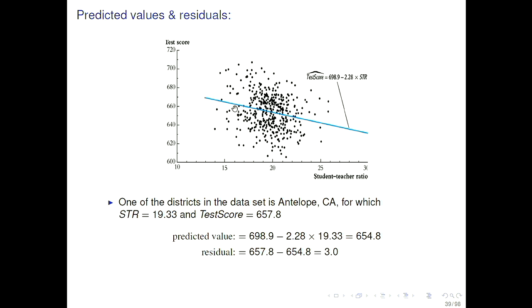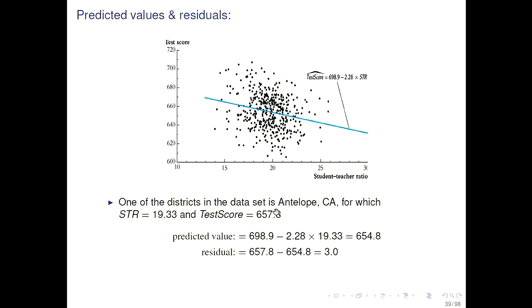The slope is a little bit negative, and the intercept is close to 700. Over here we have the number 698, and the slope is negative 2.3. So using data, we can figure out the intercept and the slope. Therefore, this is our estimate.